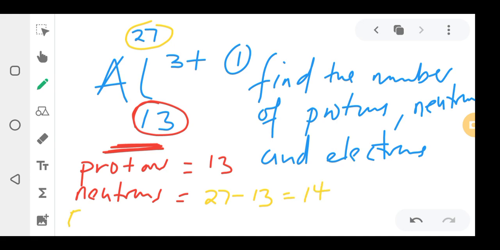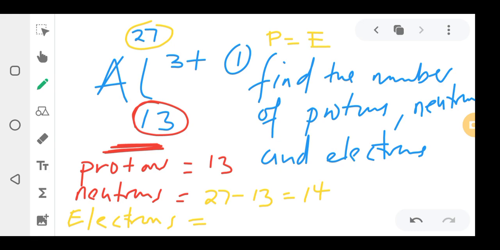What about the electrons? This is where the tricky part is, so make sure you follow me properly. The number of protons is always equal to the number of electrons.